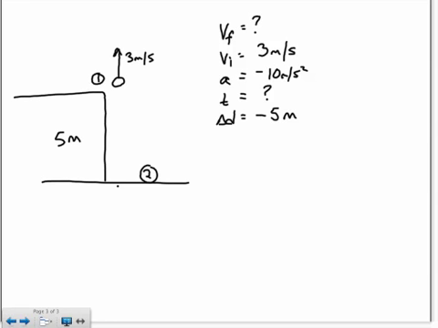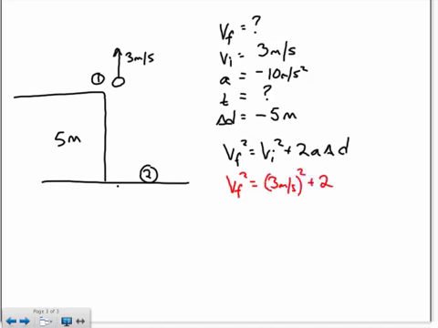What equation looks tasty? The one without time, which would be vf squared equals vi squared plus 2a delta d. Then plug in the values that you know and what you don't know. Final velocity squared equals our initial velocity squared, plus twice our acceleration times our change in distance.